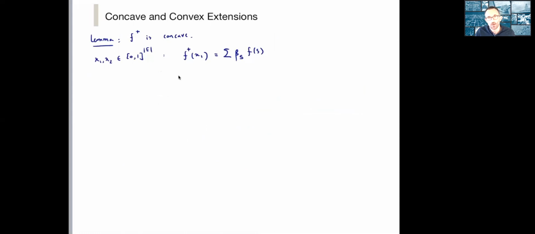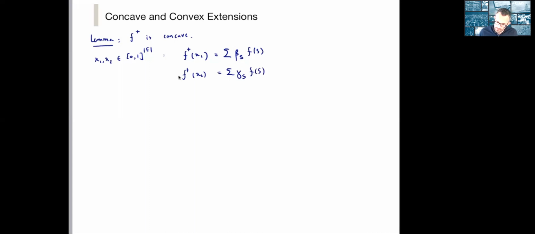So there's no problem for me saying that beta is the values that attain the maximum in the definition of f plus of x1. And similarly, f plus of x2 is defined by some other values, gamma, that give the decomposition of x2.